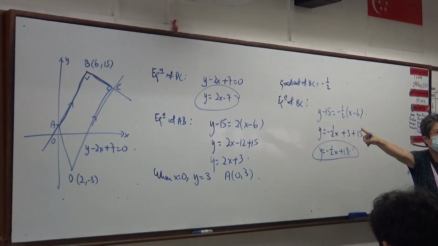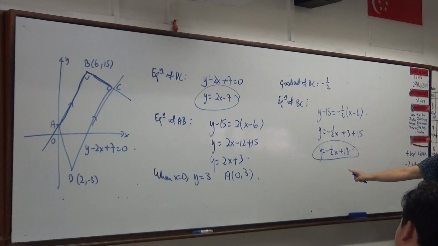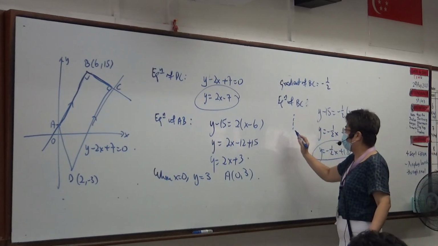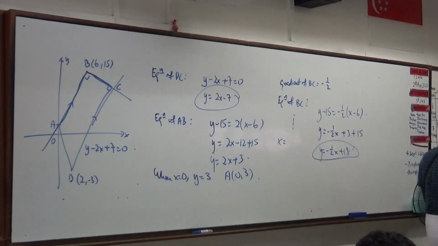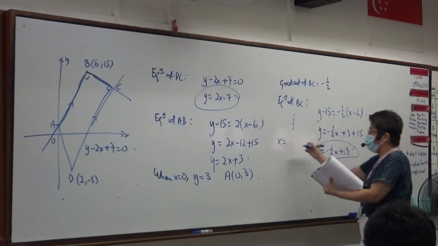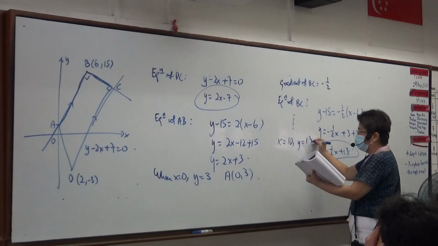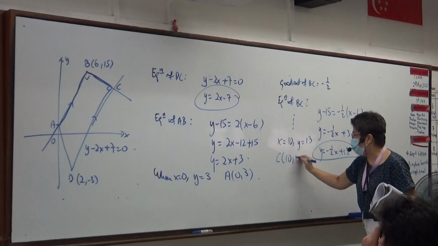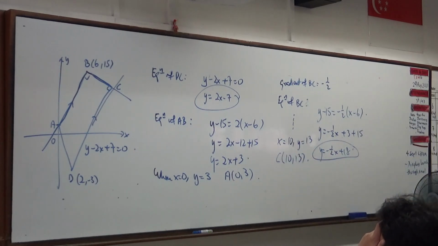I solve the simultaneous equations. It's a very clear-cut simultaneous equation. So I'm going to solve. You will get x equals 10 and y equals 13. So C will be (10, 13). Are we clear?